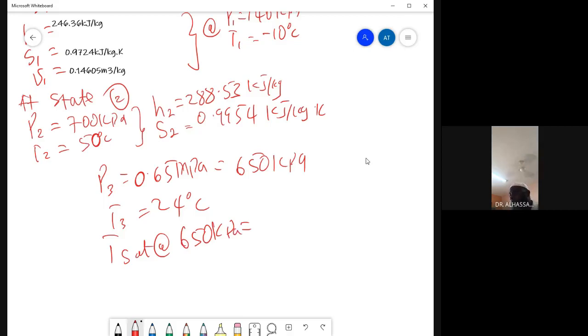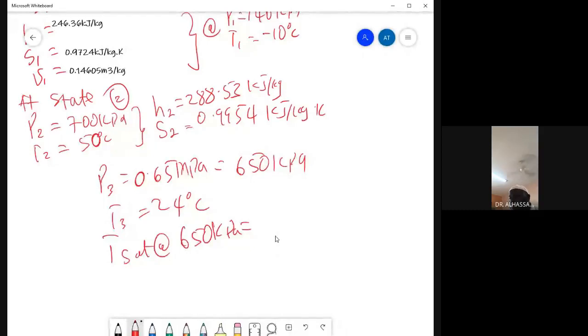At 650 kilopascal, on the pressure table, the saturation temperature is 24.20 degrees Celsius, very clear.